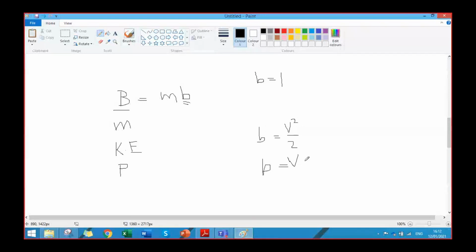Capital B is always dependent on the mass, right? It is dependent on the mass. So it would be an extensive property. So capital B would always be an extensive property. And small b is independent of the mass. It is the quantity, or the property, per unit mass.